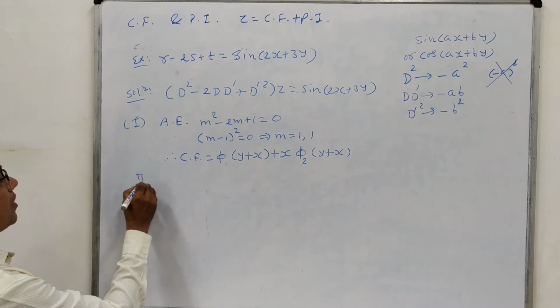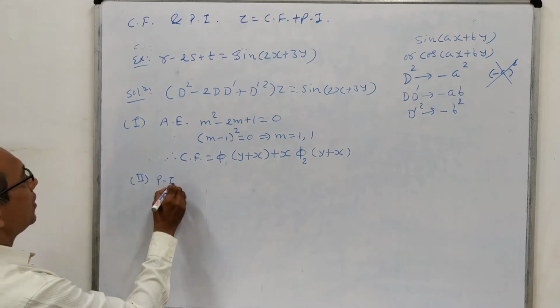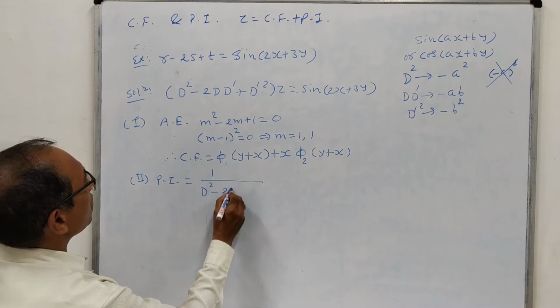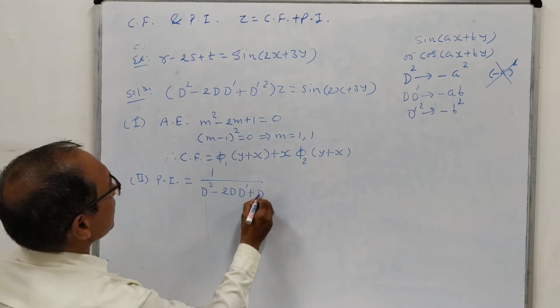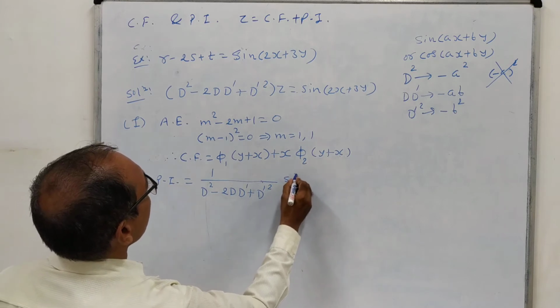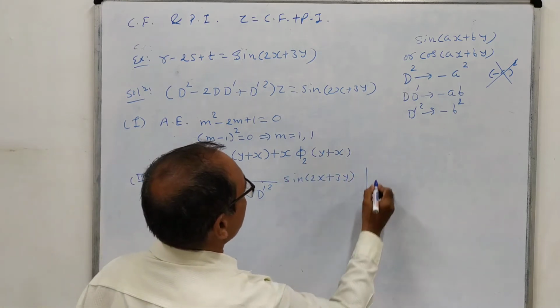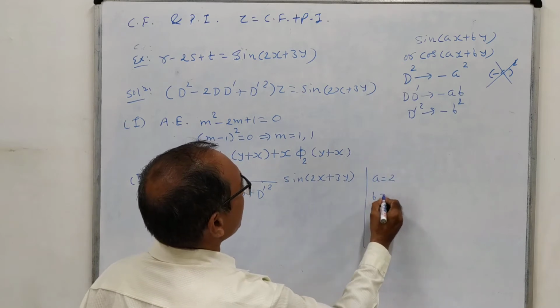Then in the second part we will find out PI. PI = 1/(D² − 2DD' + D'²) sin(2x + 3y). Here you can note that a = 2 and b = 3.